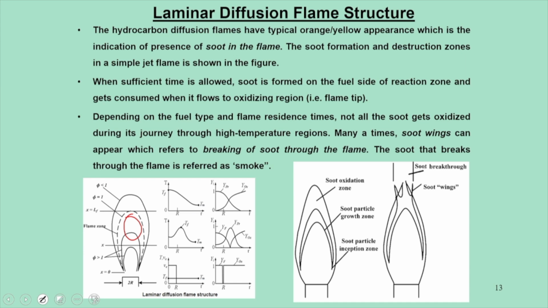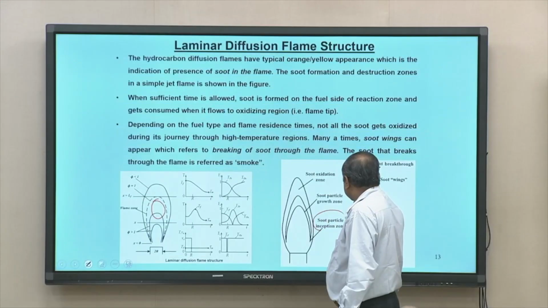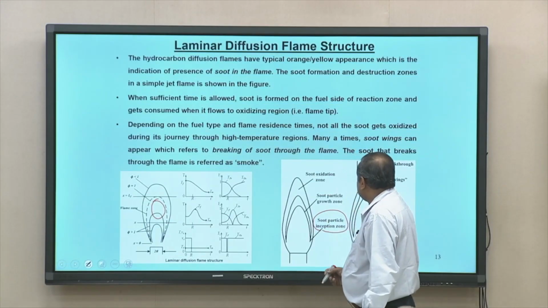So let us say in a combined situation the soot particles have to form, and they normally form where there is a fuel-rich region. So the first layer of this is called the soot particle inception zone.